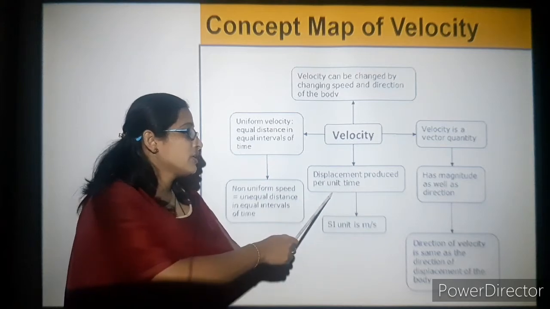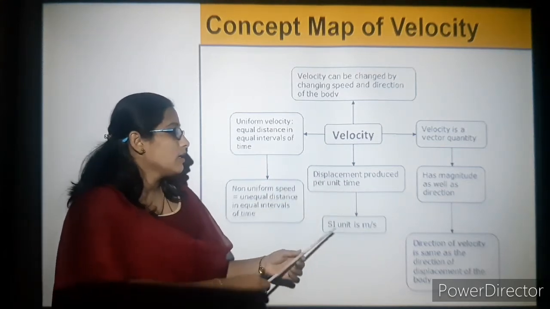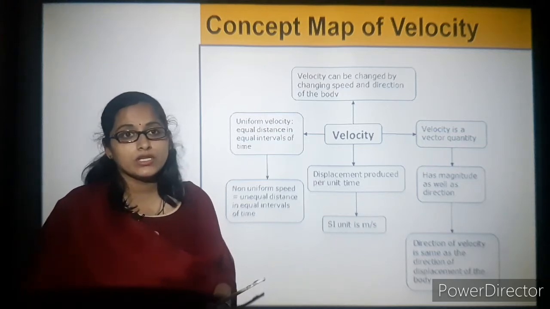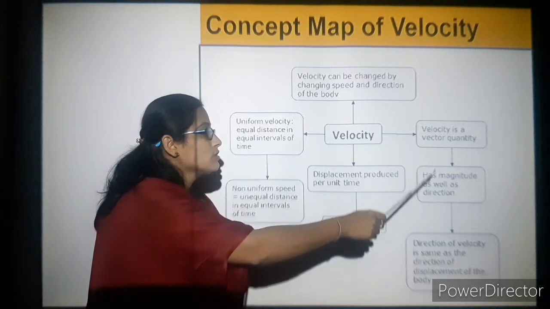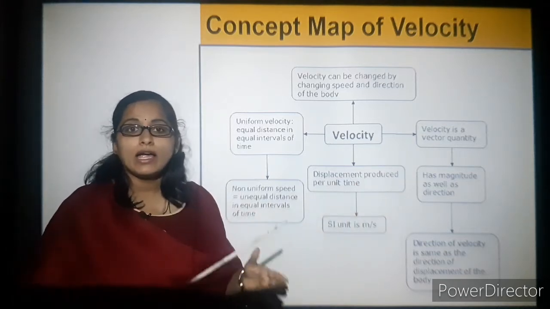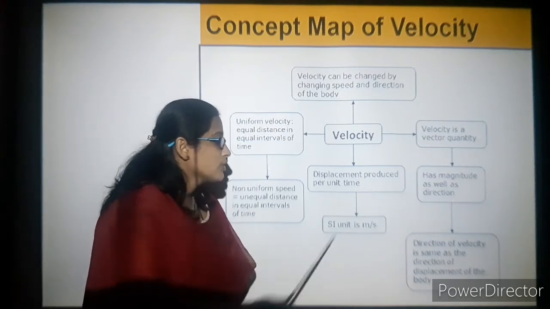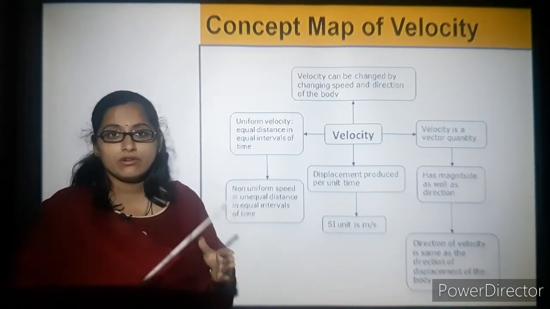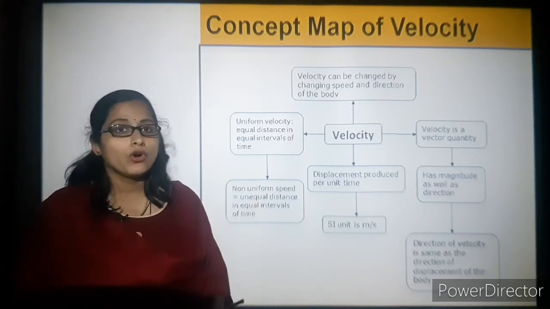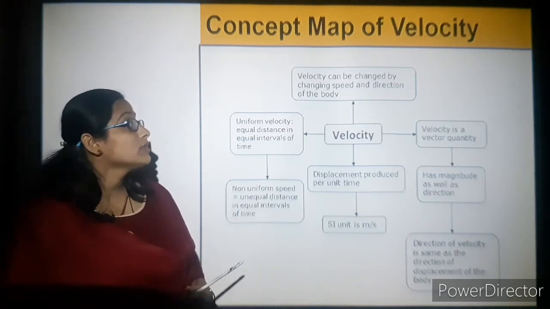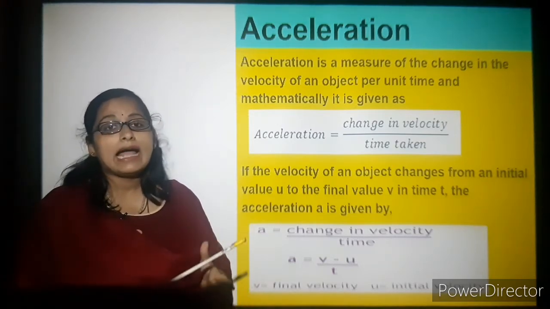Displacement produced per unit time is also velocity, where the SI unit is meter per second. Velocity has a magnitude and also has a direction. The direction of velocity is the same as the direction of displacement with respect to that particular body. Continuing, we will see about acceleration.